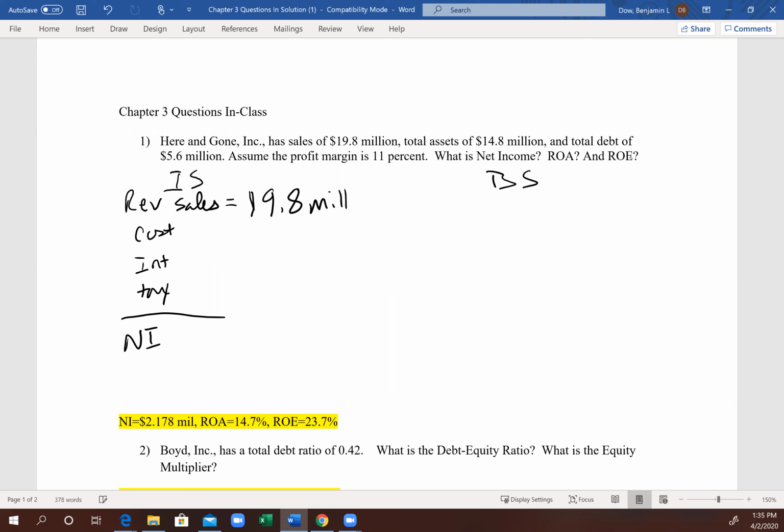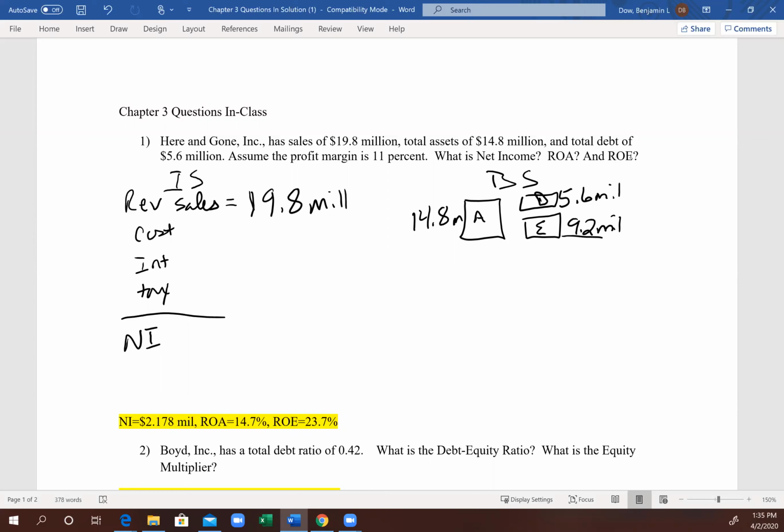Also, we've got a balance sheet that shows assets at 14.8 million, debt at 5.6 million, and they don't give us equity, but since assets equal debt plus equity, 14.8 minus 5.6, we can solve for the equity at 9.2 million.